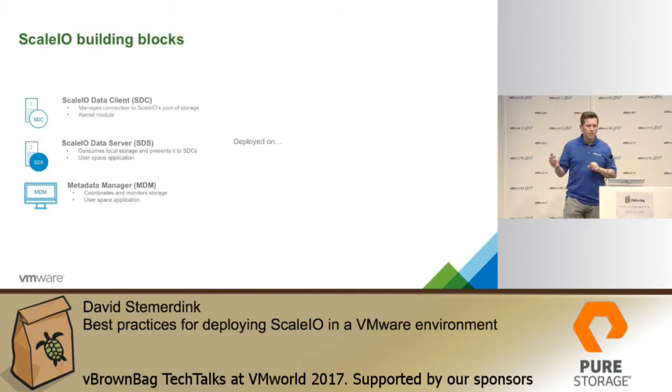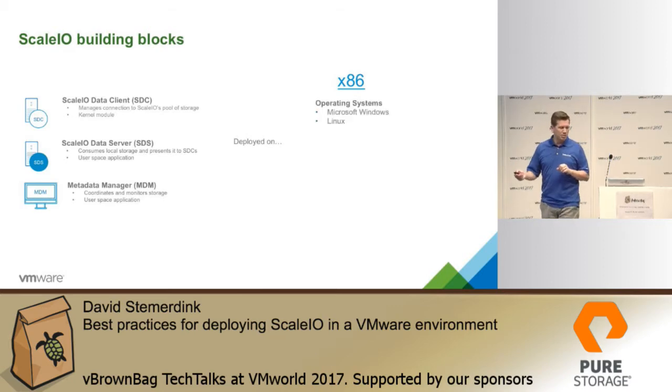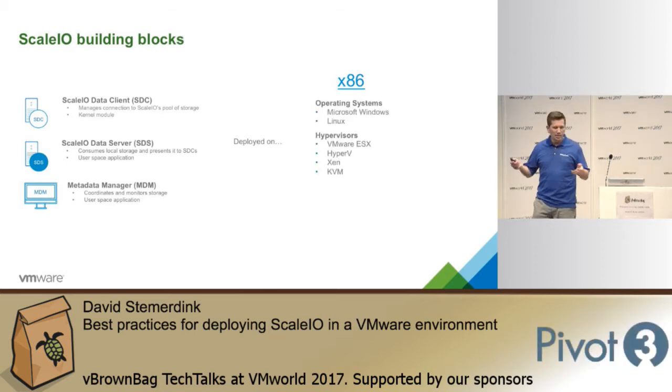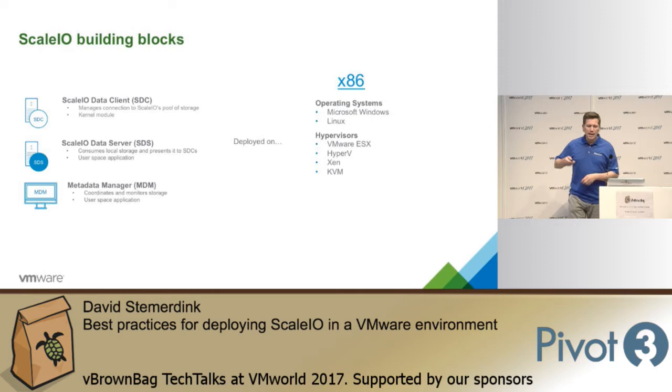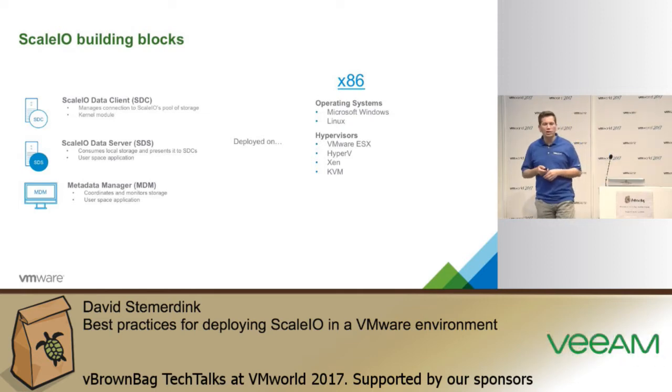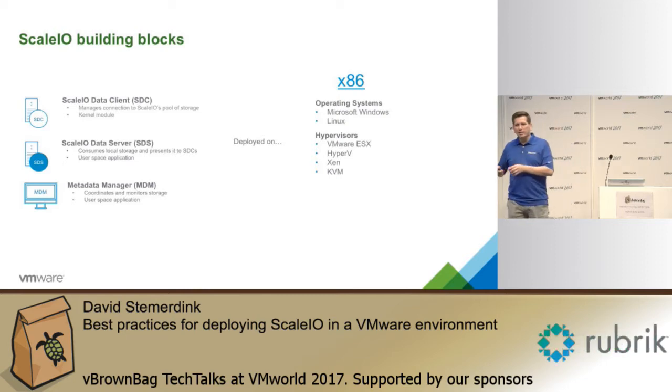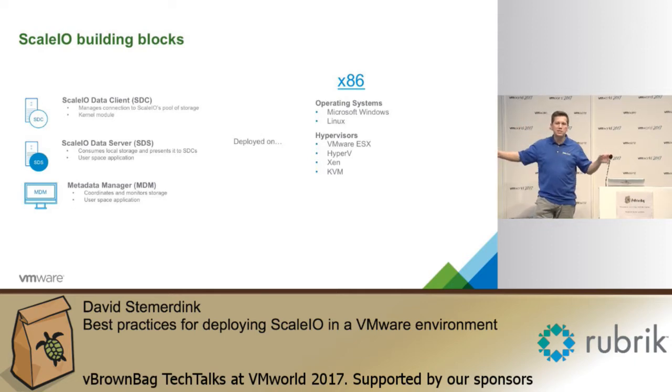So, where do we deploy? We deploy on any x86, right? Not exclusive to VMware. We support Windows, we support Linux as bare metal systems to run both the client and the data server on, and we support a very broad range of hypervisors, right? And there you will actually find some of the differences, right? Because we support this very broad ecosystem.